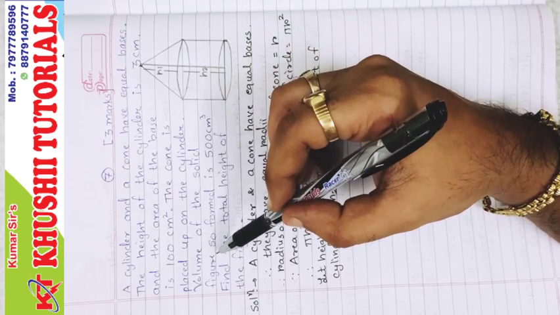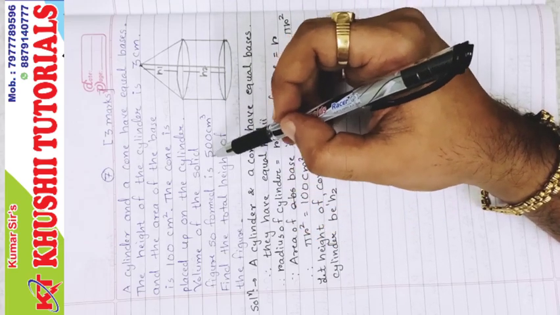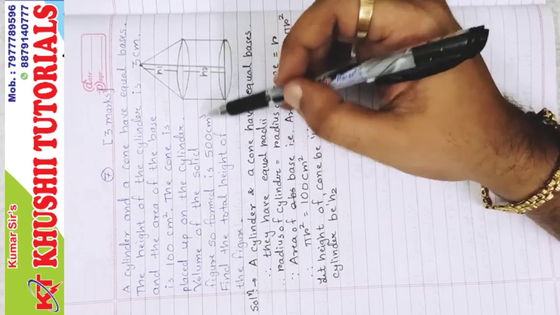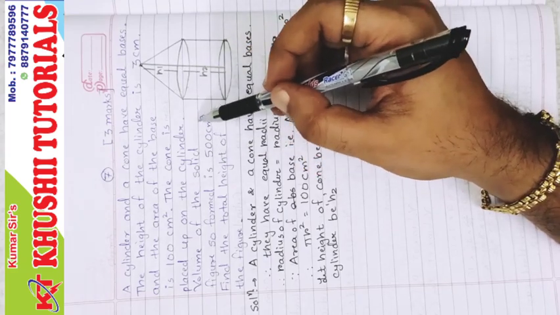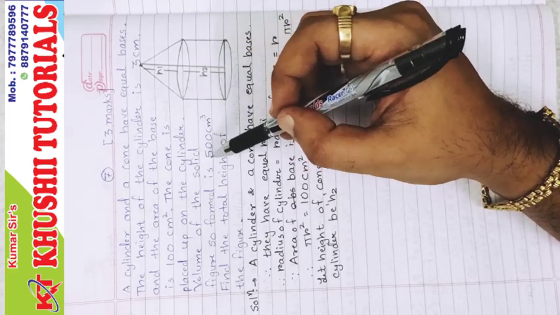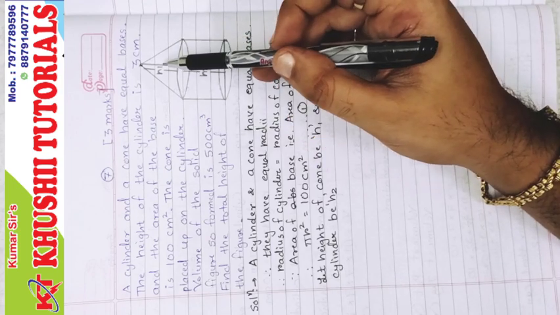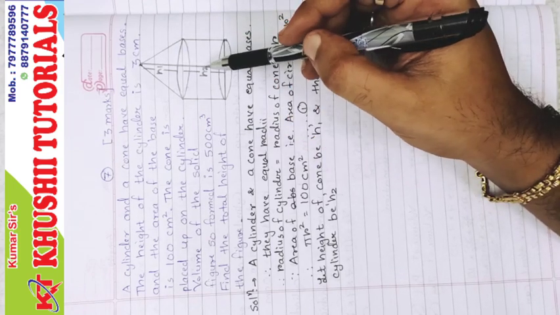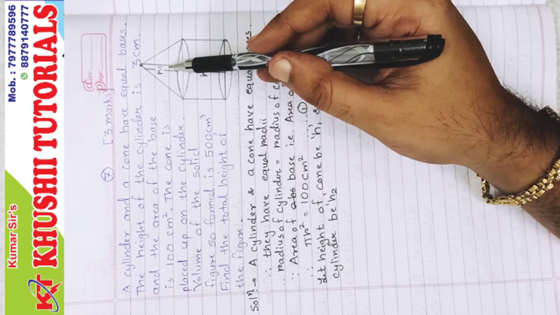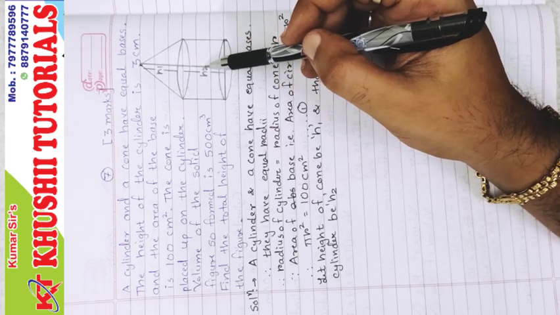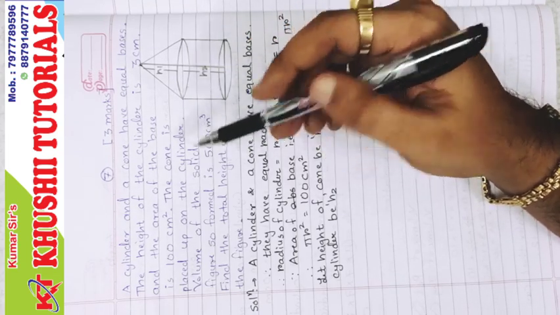Volume of the solid figure so formed is 500 centimeter cube, means together the volume is 500 centimeter cube. So what is 500 centimeter cube? Volume of cone plus volume of cylinder. So we need to find first the volume of cone and then the volume of cylinder, and then we will add them and we will get 500.